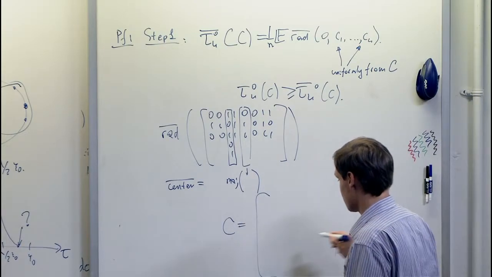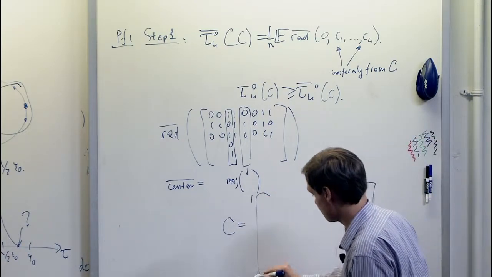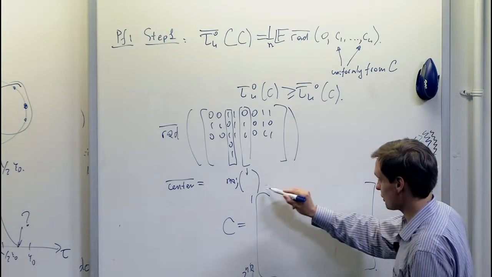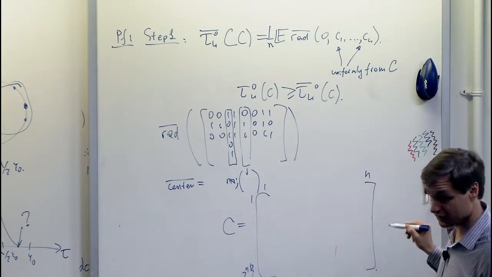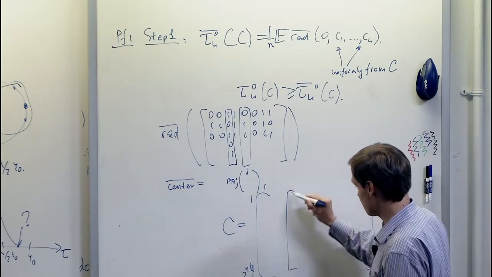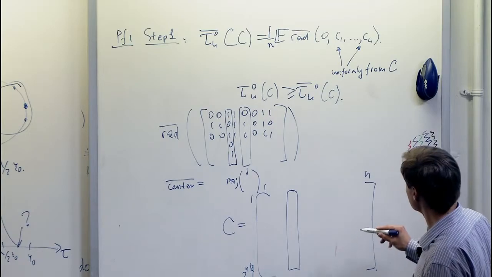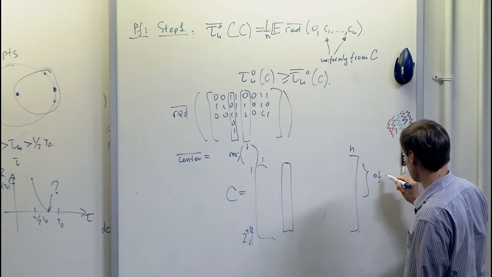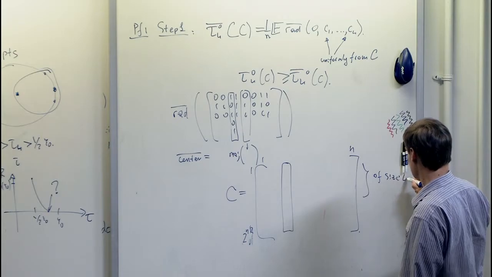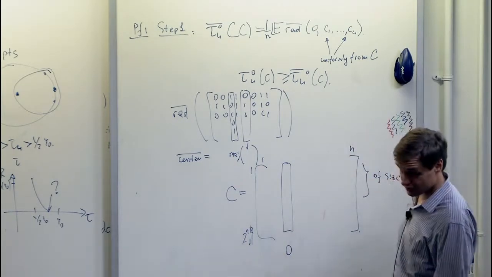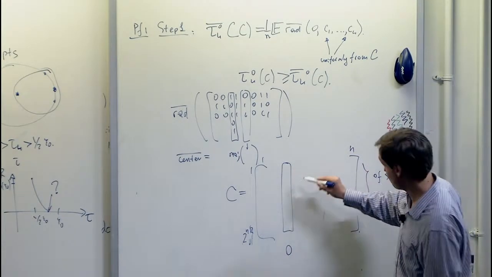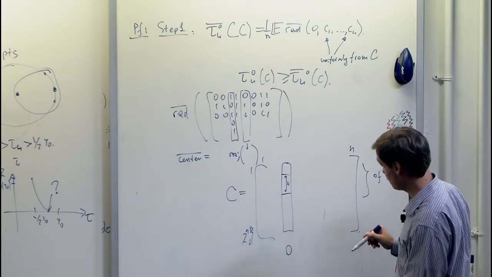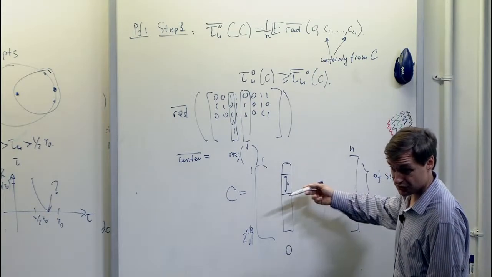If you write down the code as a 2 to the nR by n matrix, then when you compute this expectation of the radius, you should select a random subset of size L, add a 0 here, compute the majority vote for this random subset, and average over all such selections.